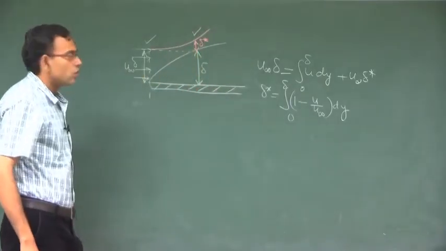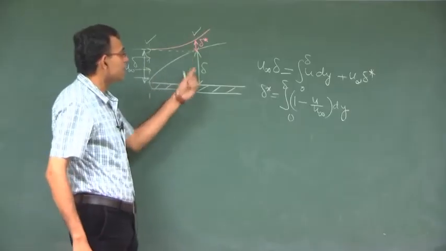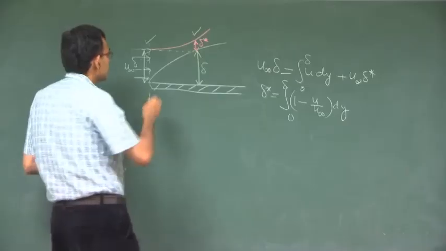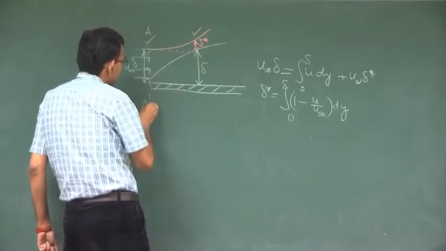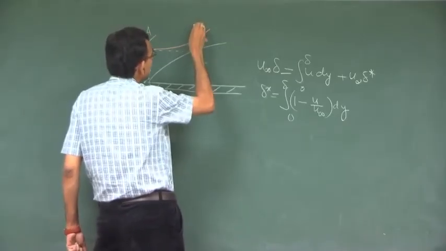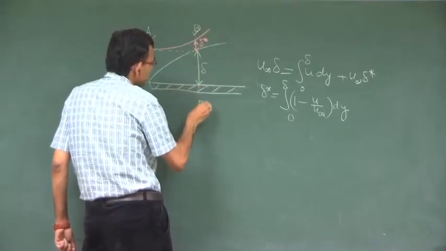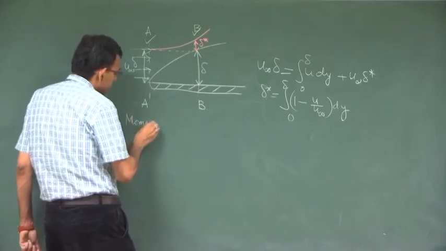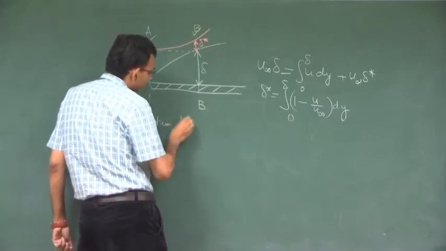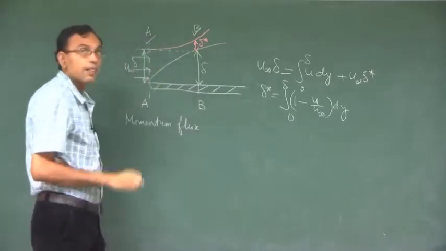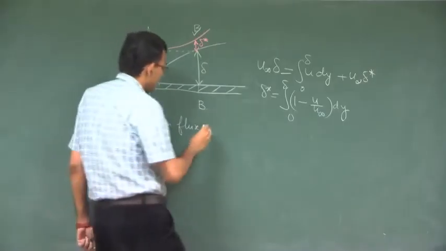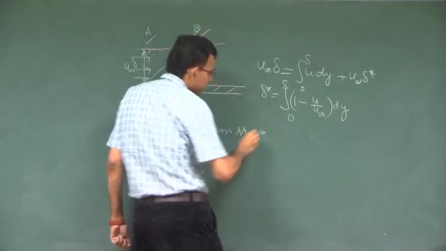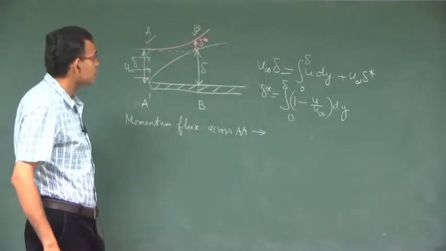Interestingly, although mass is conserved across these two sections, momentum is not. Let us give these sections some names. This is AA, this is BB. So, the momentum flux across AA, what is this?